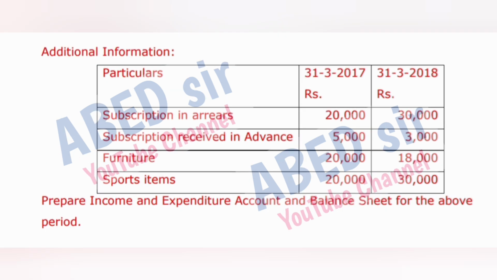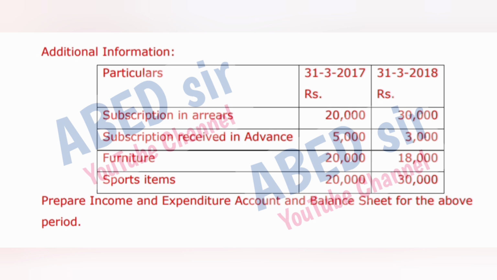Additional information. Particulars, 31st March 2017 and 31st March 2018, in rupees. Subscription in arrears 20,000 and 30,000. Subscription received in advance 5,000 and 3,000. Furniture 20,000 and 18,000.